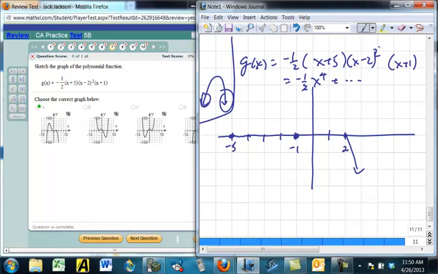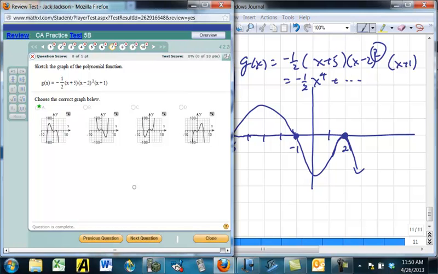Now this one at 2 is a multiplicity 2 root, so it's going to touch and turn around at that one. Which means somewhere in here it turns around and goes up through this one. And somewhere it turns around and comes down through this one here. So we're going to get that basic kind of a shape, and right there that limits you to A.